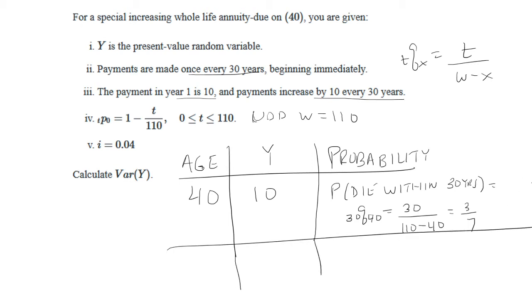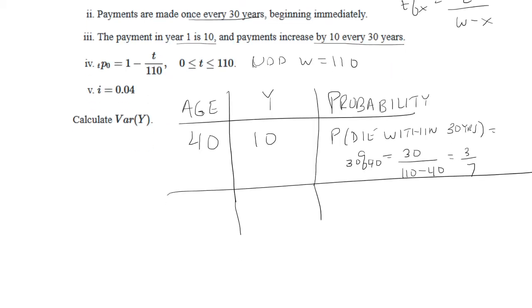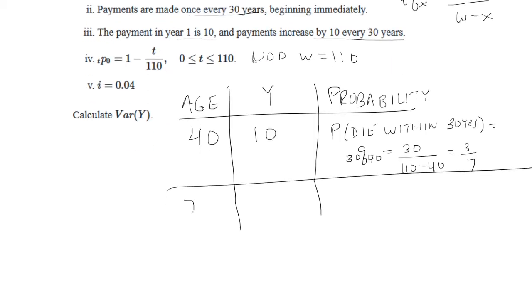Okay, now we add another 30 years. So by the second bullet point here, payments are made once every 30 years, so we'll add another 30 to that. Now we have the 10 paid immediately, and then there's 10 more, which is 20, but that has to be discounted back to age 40. So that's 30 years.